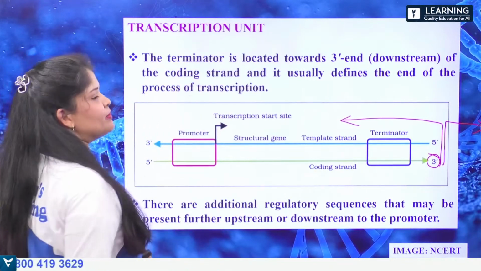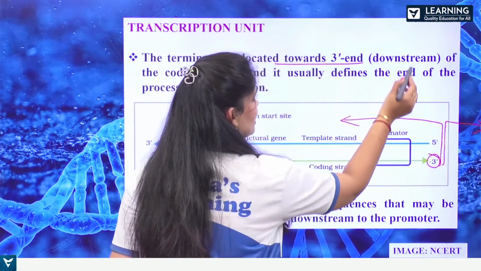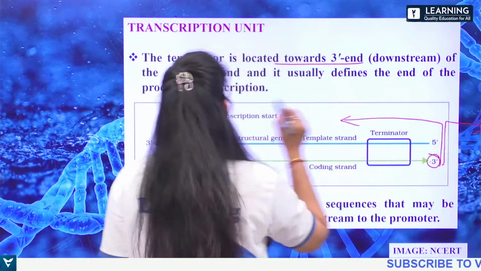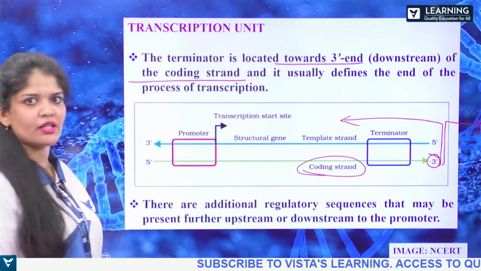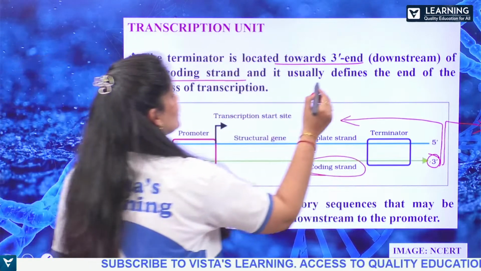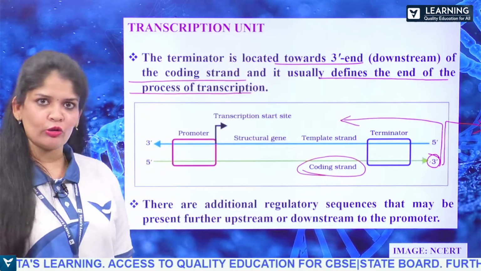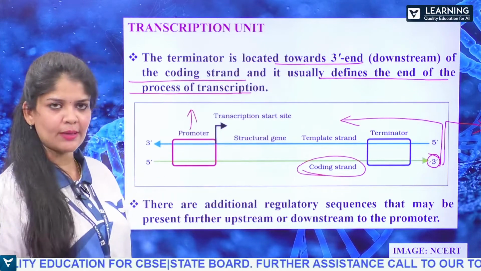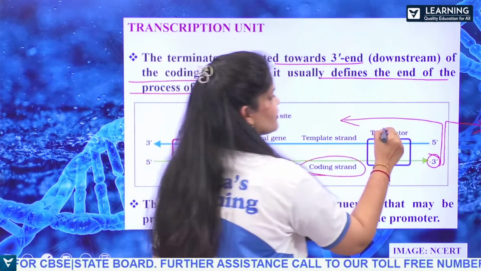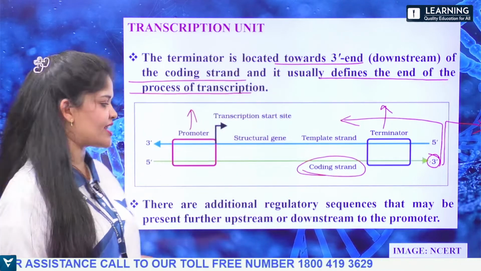The terminator is located towards the 3' end, downstream of the coding strand, because the reference is with respect to the coding strand. It usually defines the end of the process of transcription. We already mentioned that the promoter is the starting point for transcription, and the terminator, as the name itself says, terminates or ends the process of transcription.